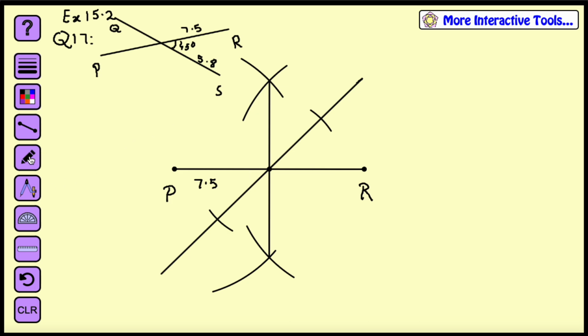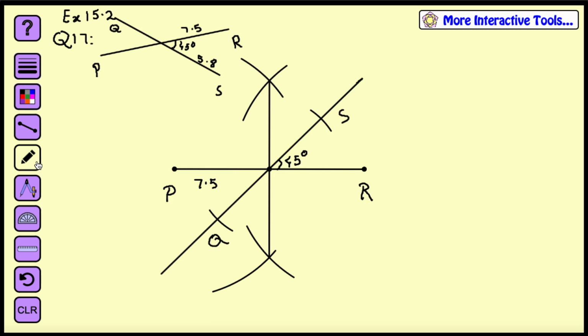See what we got. This angle is 45 degrees, and this point is nothing but QS.